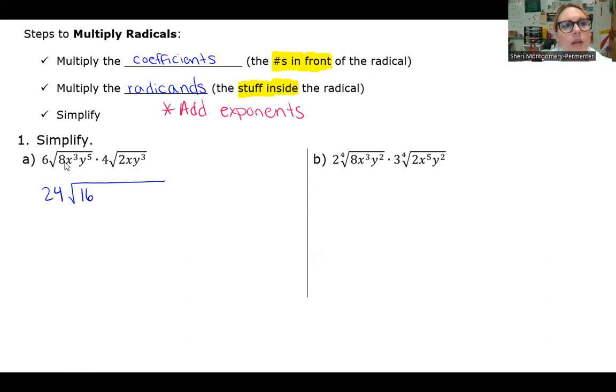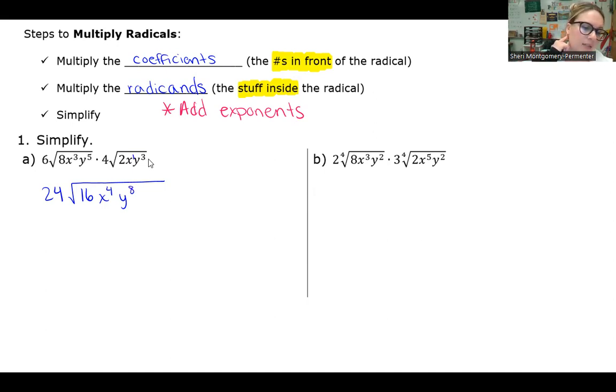And then with the exponents, x and x, this one has 3, this one has, what's the exponent if there isn't one? 1. So I have 3 and 1 makes 4. And then for the y's, how many y's do I have? 8.